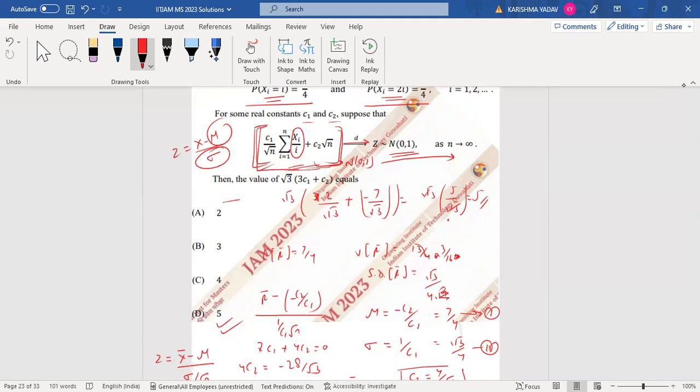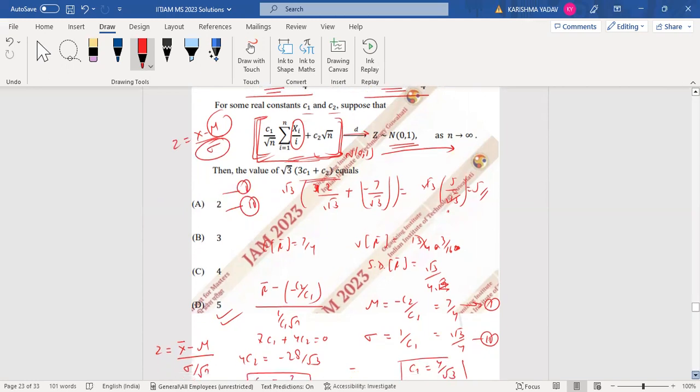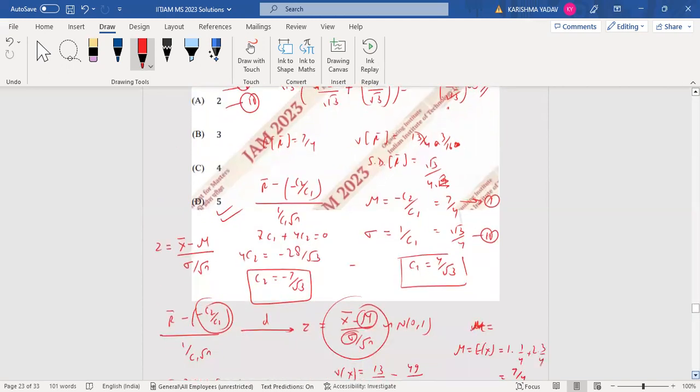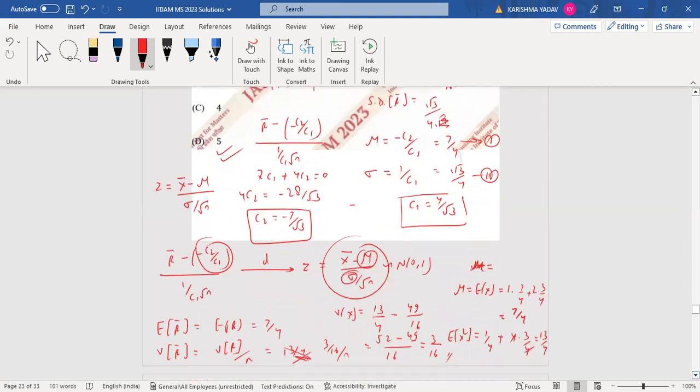You will get one equation for the mean and a second equation for the variance, and then you will get c1 and c2. By putting the values into root 3 times 3c1 plus c2, you will get your result. You just have to form this into the normal distribution, nothing much.